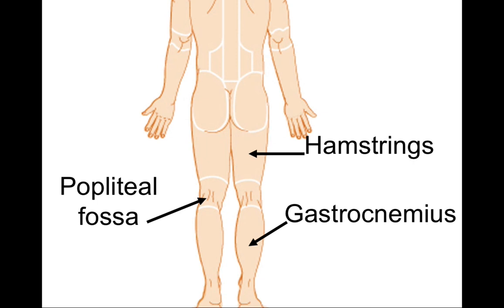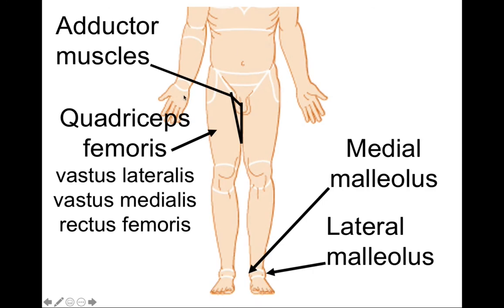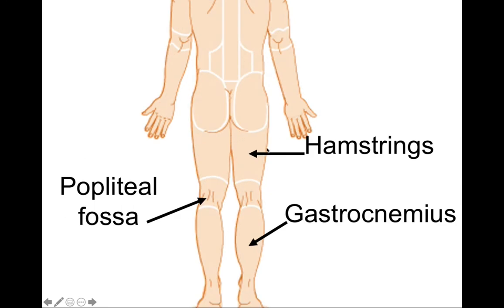And this group of muscles is the antagonist group to the group on the anterior side of the leg known as the quadriceps. The quadriceps femoris includes 4 muscles: the rectus femoris, the vastus lateralis muscle, the vastus medialis muscle, and the vastus intermedius. We'll see these quadriceps muscles on the anterior leg, and we'll see the hamstring group on the posterior side of the leg.